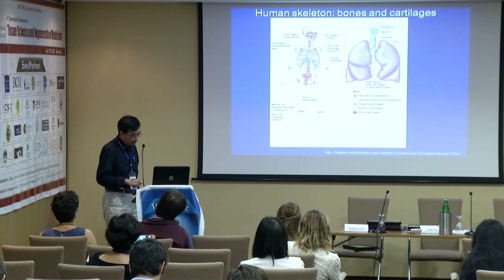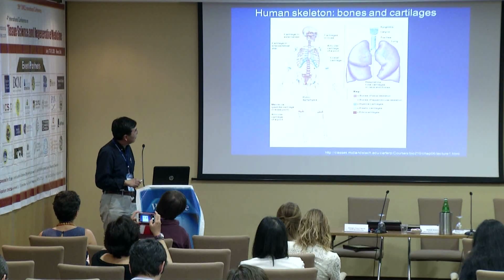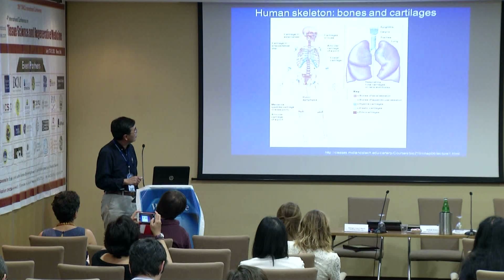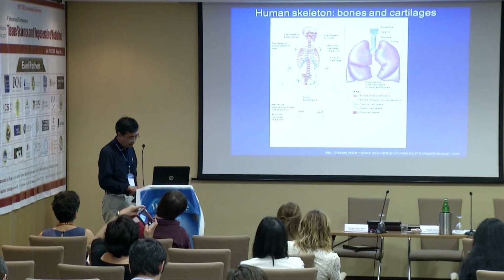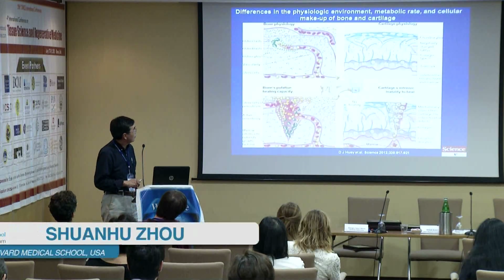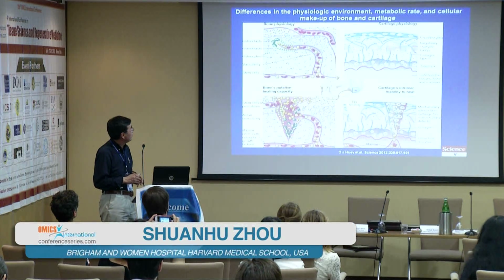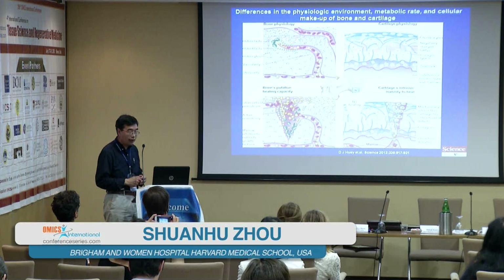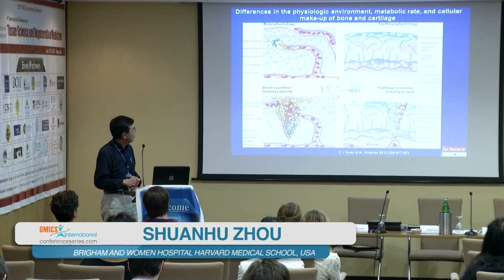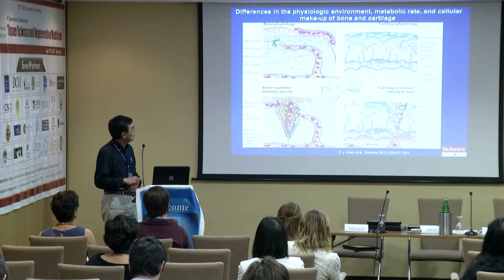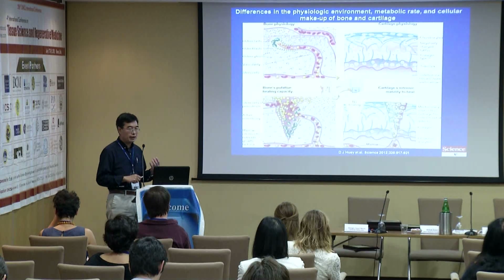So now I'm talking a little about the human skeleton. We know we have mainly bone and cartilage. Because their structures are different, the bone has a very high capability to repair itself. For example, in bone fracture, blood vessels come in and bring growth factors.